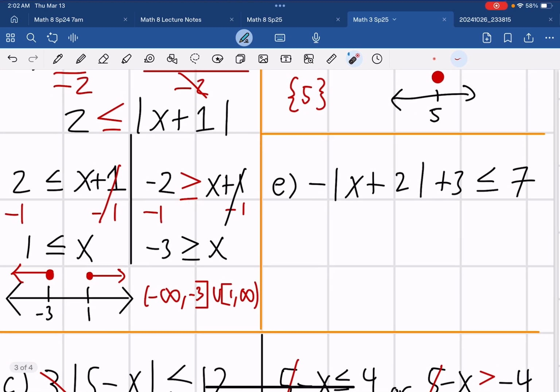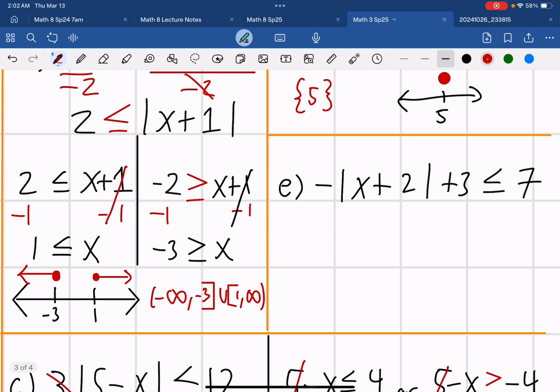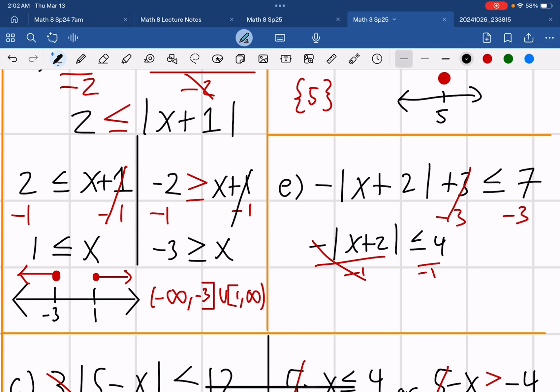Now there was a little bit of work to be done, but most of it was through intuition. Now, let's do this really quick next example, which I'm going to subtract 3 on both ends. And this is going to illustrate another one of those 0 and negative problems. So that cancels. I'm going to let negative absolute value of x plus 2 is smaller than 4. But then if I divide by -1, two things are happening. One, I need to change the sign.